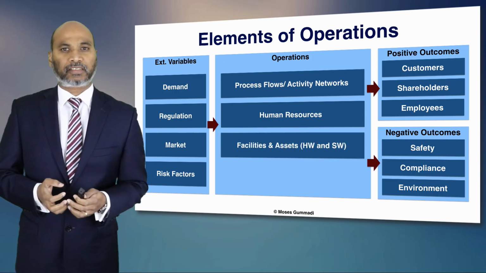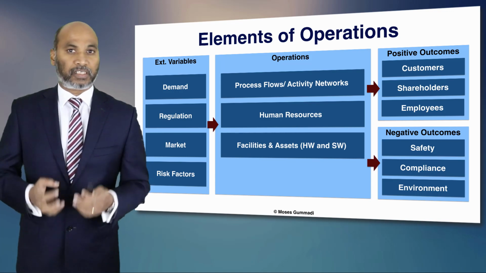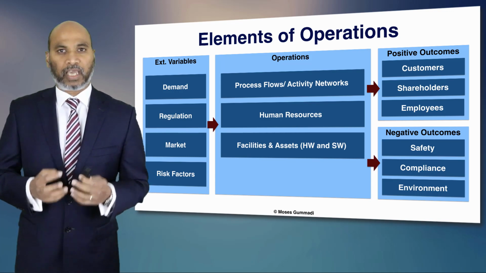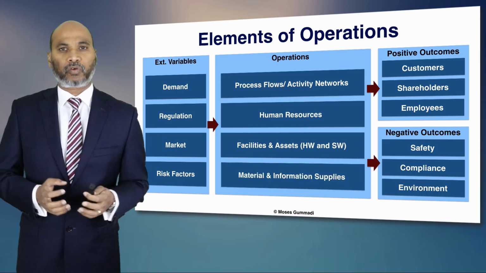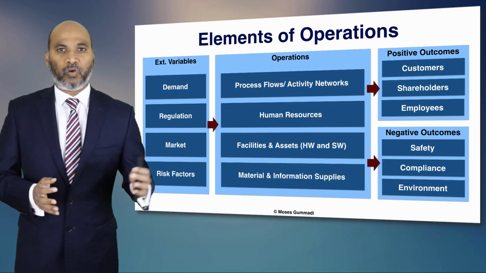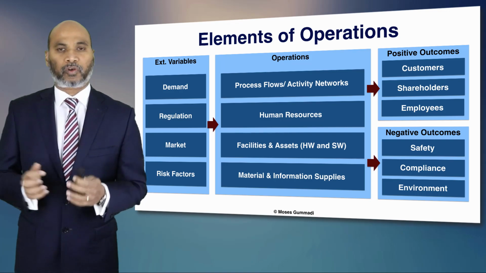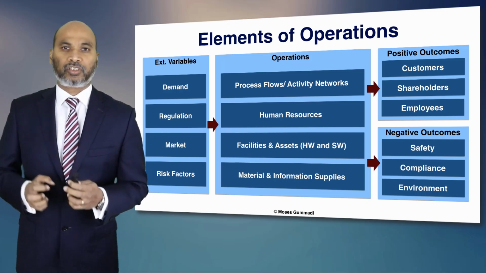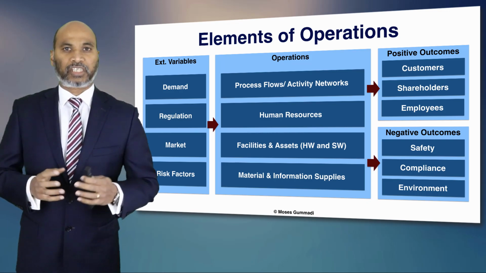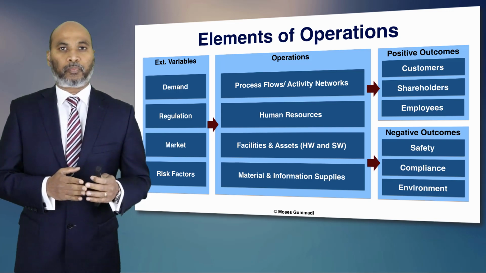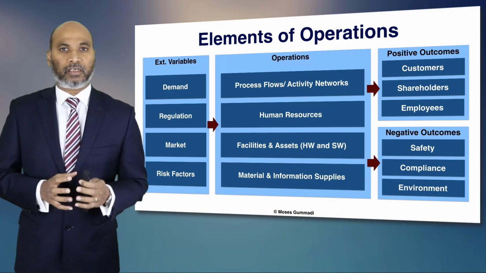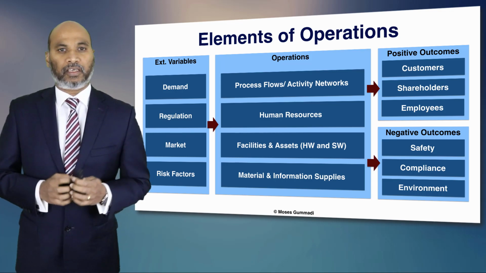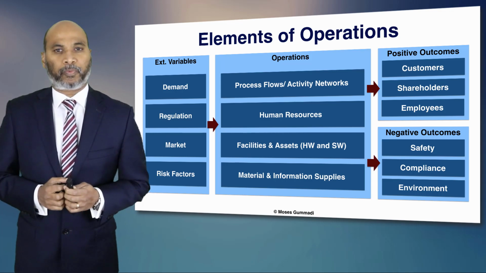It could be software assets or hardware assets and facilities that are used to carry out these activities and processes, and finally of course the material flows that move from one end to the other across the process, and also the informational flows and the informational setups that you have in order to process and control the overall system. Okay, these constitute the elements of the operations.